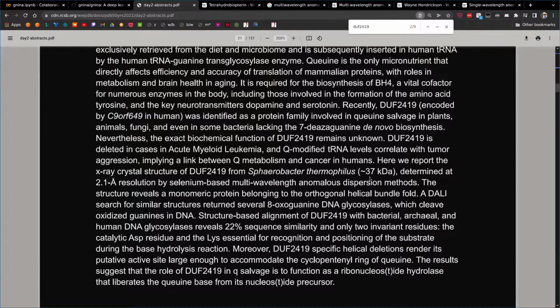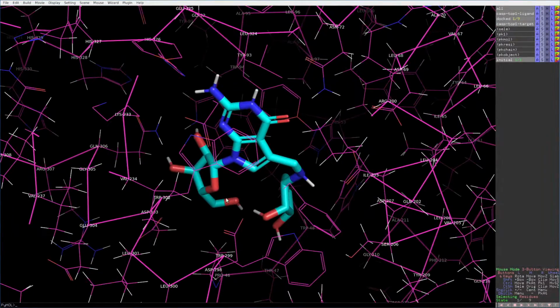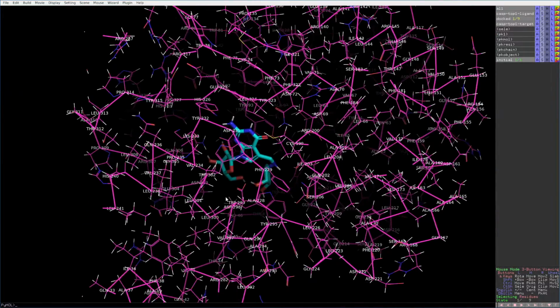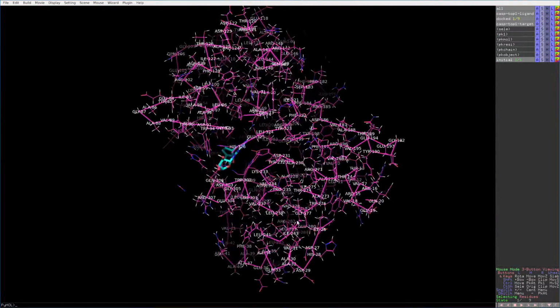The structure reveals a monomeric protein, so just like one protein. We're looking at that here. Monomeric protein.